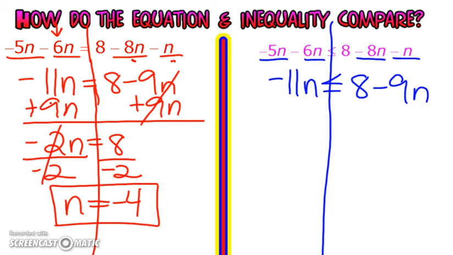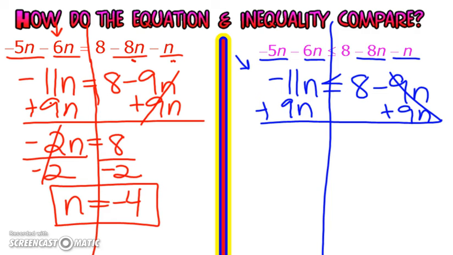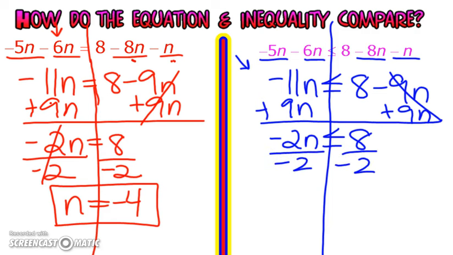Okay? We know we want to isolate our variable. Our variable's already on this side, so plus 9n, plus 9n. I'm left with negative 2n is less than or equal to 8. Now, we are dividing by a negative number.